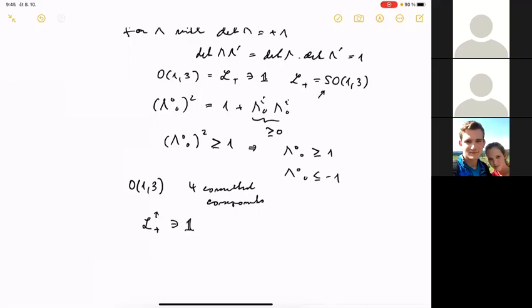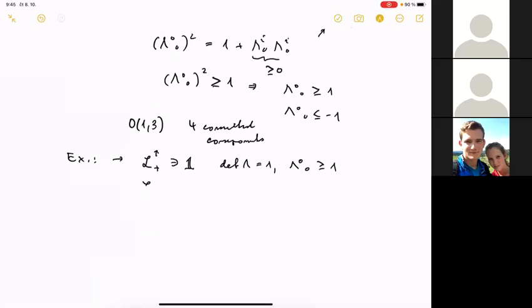And this is determined by the condition that the determinant of lambda is 1 and the element lambda 0,0 of the matrix lambda is greater or equal to 1. Of course, you will probably see that this is really a subgroup, and this is again left to exercises.